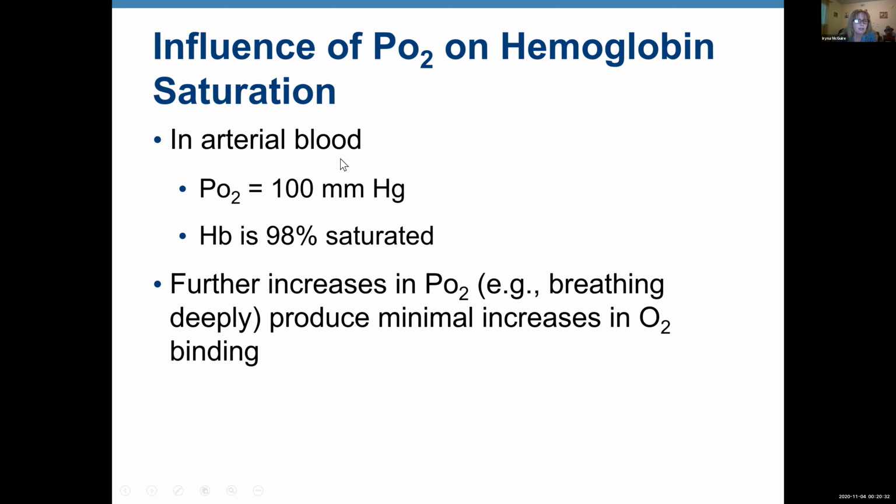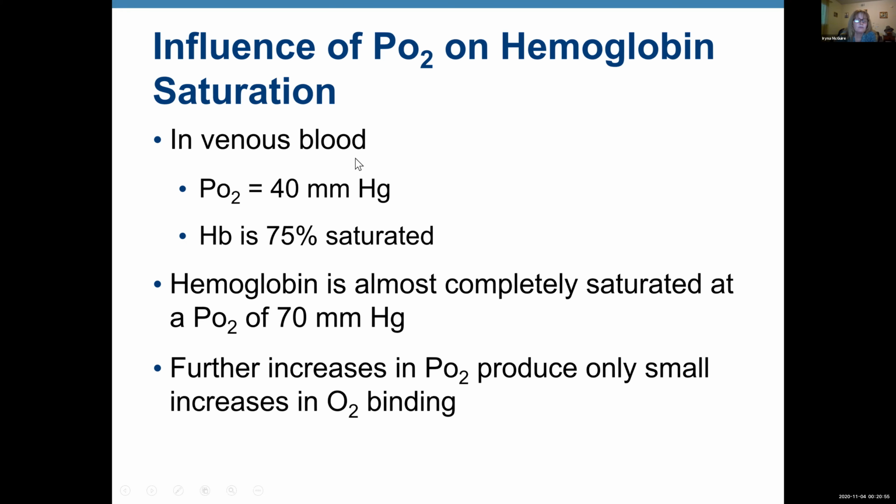So in arterial blood, remember, partial pressure of oxygen is 100 millimeters mercury, and at this pressure, 98% of hemoglobin is saturated. So a further increase in the partial pressure of oxygen, for example, breathing deeply, produces a minimal increase in oxygen binding. In venous blood, partial pressure of oxygen is 40 and hemoglobin is 75% saturated.